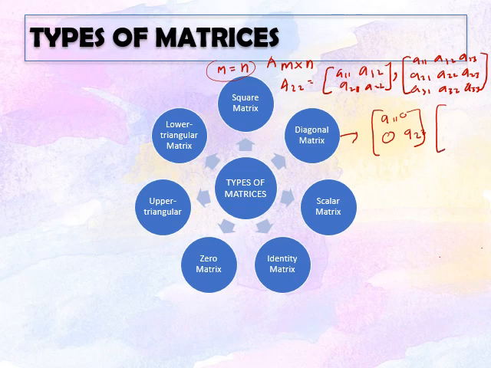It is a square matrix, but only the diagonal has values: A11, A22, A33. The others, A12, A13, A21, A23, A31, A32, like this, will be 0.